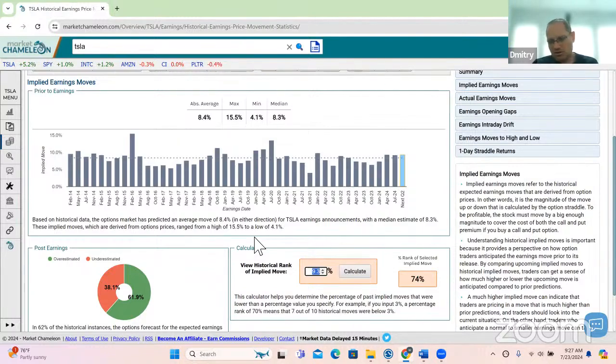What I want to figure out is what the probability is that it could go higher. So let's put in 6%. Let's say the stock is $100. It's going to cost me $3 to buy the put, $3 to buy the call. I paid $6 for this straddle.